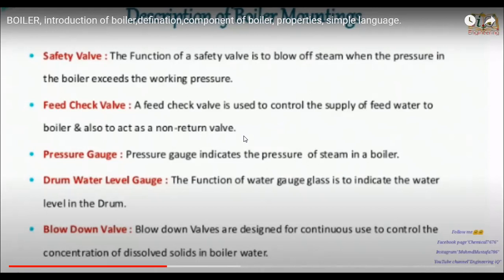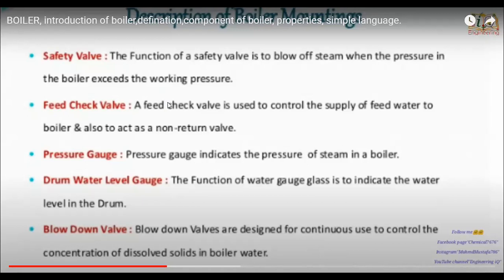Okay, the next is the pressure gauge. Pressure gauge indicates the pressure of steam in a boiler. It is a very important piece of equipment used in the boiler, because if the pressure increases, you lose your safety valve, and there is a cost needed to replace it. If you don't consider the excess pressure, each time your safety valve blasts and breaks, it is not economical for the industry or organization.